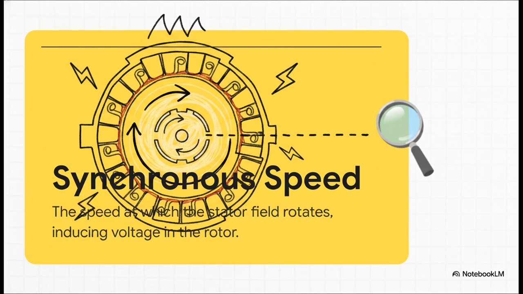And this rotating stator flux produces induced voltages in the rotor purely through relative motion. Now, the rotor wants to oppose that relative motion, right? So to do that, it starts spinning, basically chasing that magnetic field in the exact same direction. But here's the catch. It never quite catches up. That slight difference in speed, that's called slip. And slip is the absolute essential ingredient that allows torque to be produced in the first place.